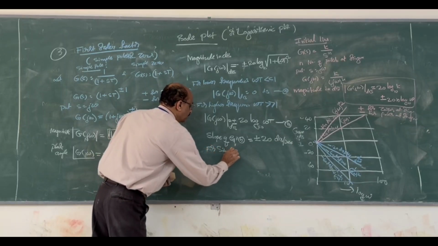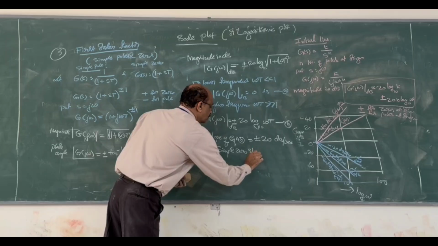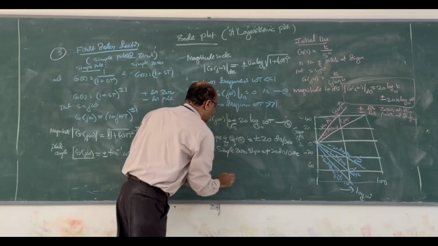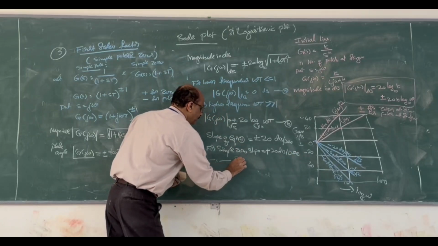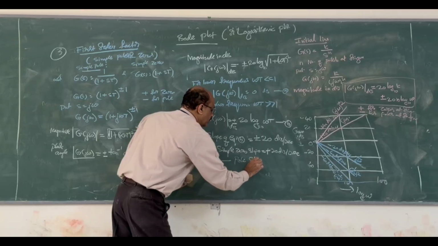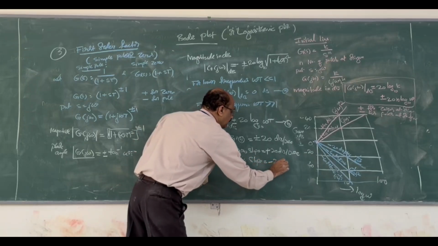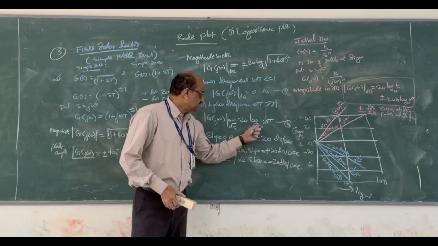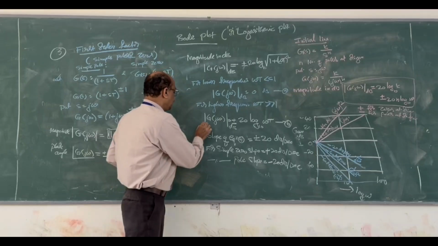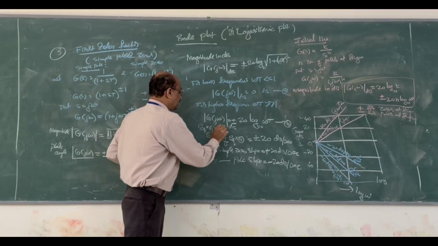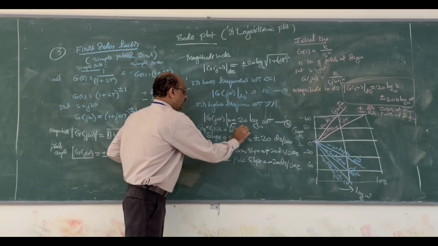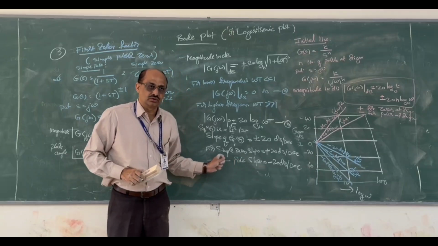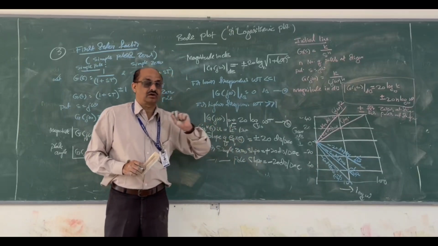Equation B is a straight line with the slope plus 20 dB per decade for a simple zero, minus 20 dB per decade for a simple pole.